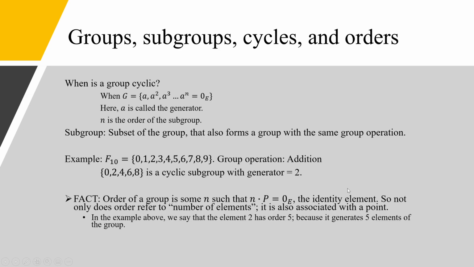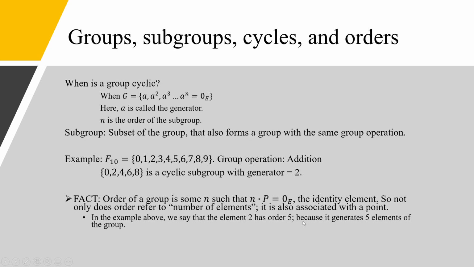And in this situation, what is the order? We say that the element 2 has order 5 because the smallest number n such that the generator 2 will give the identity element is 5, after 0, of course.